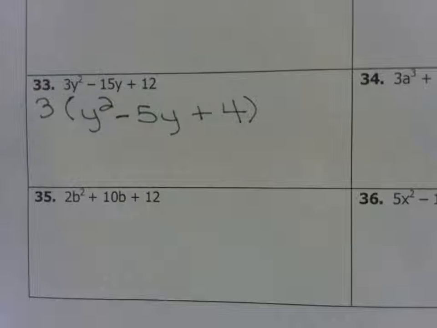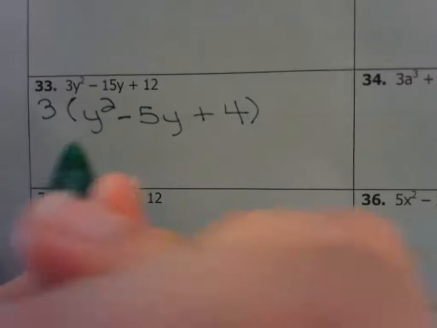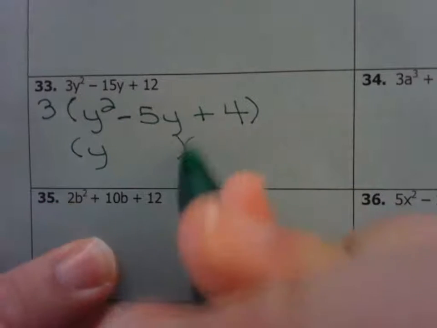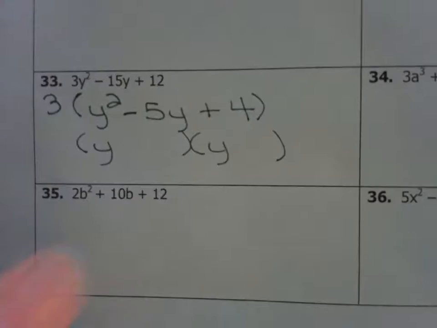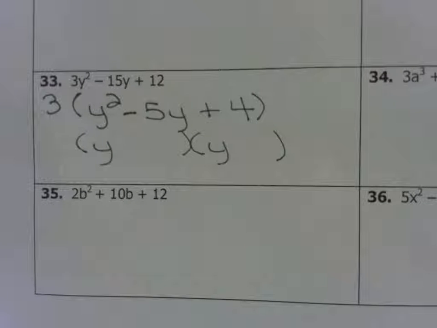Now, as I look at my parenthesis, now I notice something nice. Because now in front of y squared is a what? A 1. So now I can use the shortcut with what's left in the parenthesis. So I took out the 3, which now gave me a 1 in front of y squared. And it's a trinomial, so I can split it into 2 parentheses and put y's in front.